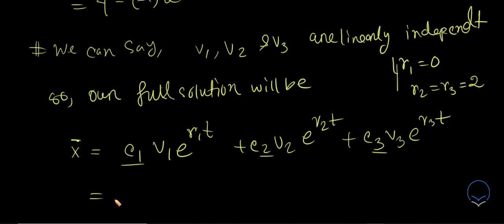If you write this in its full glory, this will be just 1 1 2 e to the power 0, that means just 1, so let's not write it.